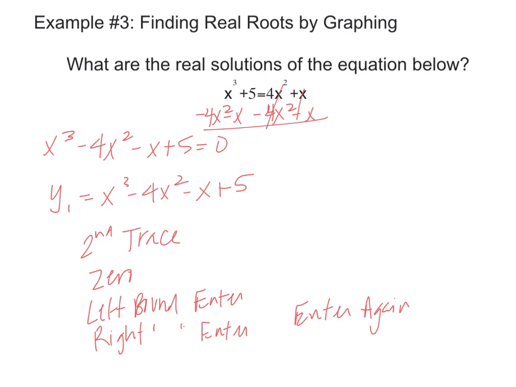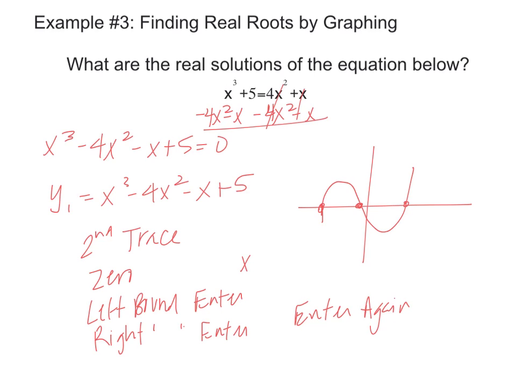Remember, you're doing that around every zero. For example, if this is what our graph looks like, remember you're doing that around every zero.